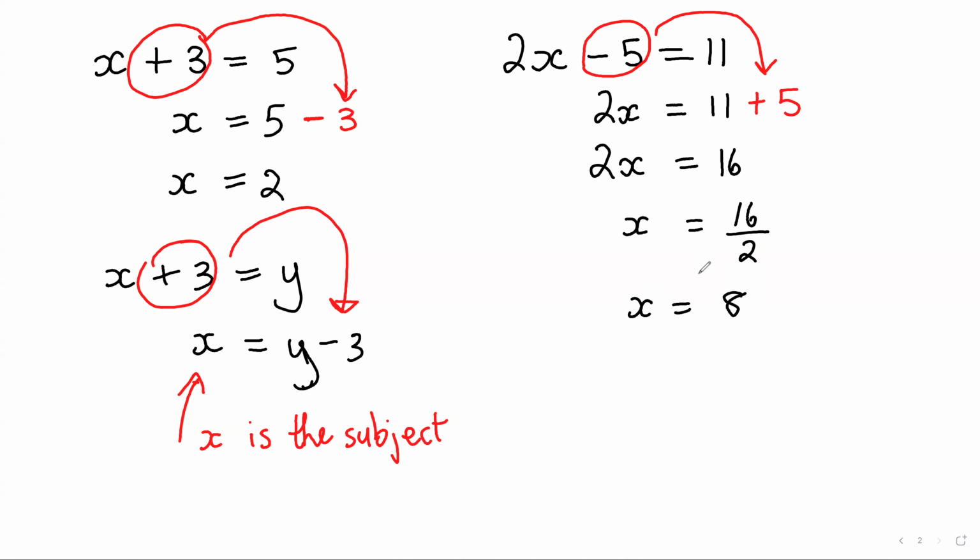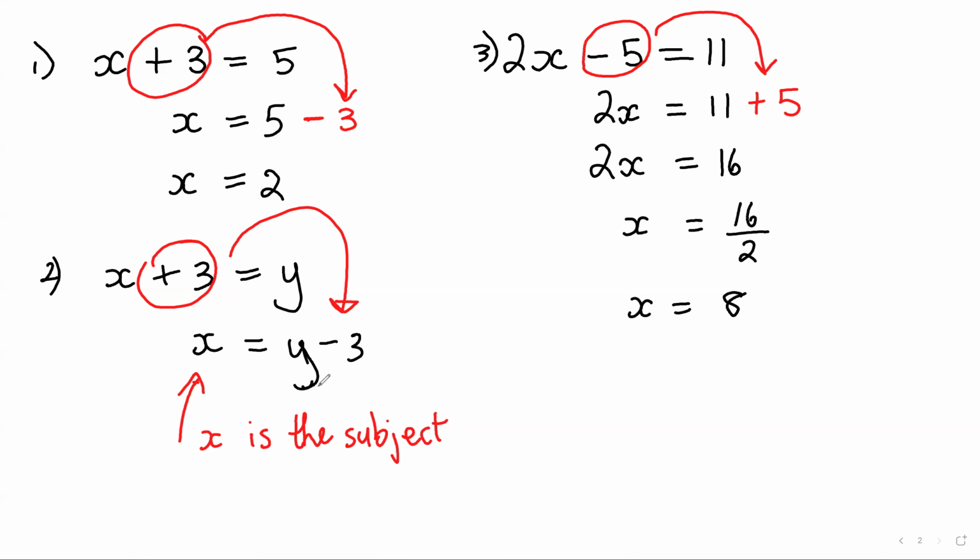Right? So here we could have solved the equations in that we could get what value x is equal to in example 1 and example 3. In example 2, we couldn't solve for x because there's another variable y in that equation. However, I could get an expression for what x is equal to, and x is equal to y minus 3.